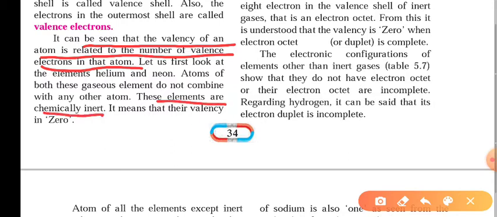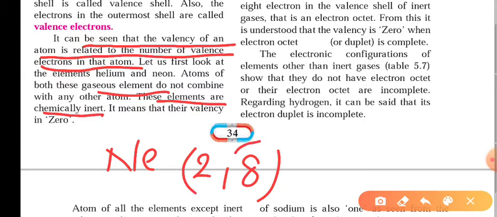And these elements are chemically inert. Which ones are inert? The gaseous elements that do not combine with any other atom, like helium and neon, where the outermost shell is complete. If I am talking about neon, neon's outermost orbit is complete. 8 electrons are needed and it has 8, because neon's electronic configuration is 2, 8.